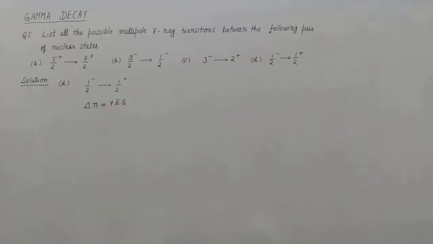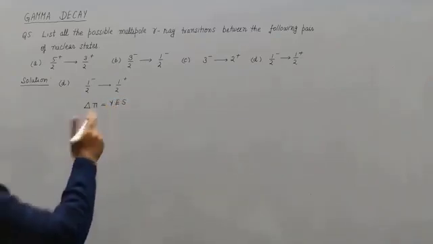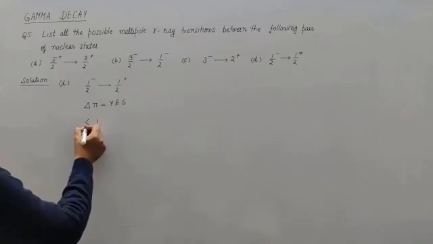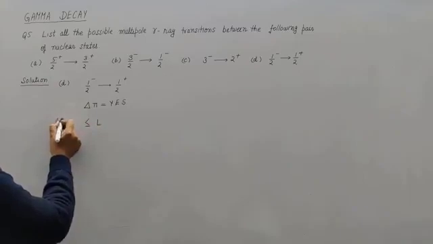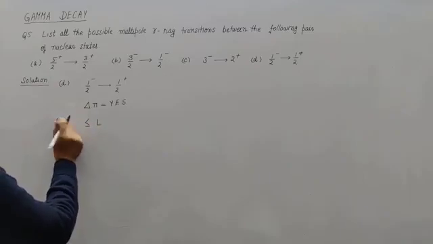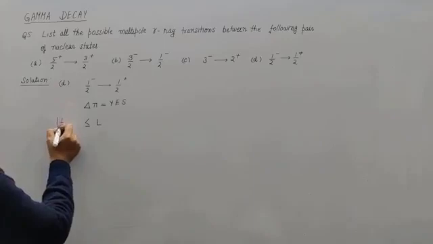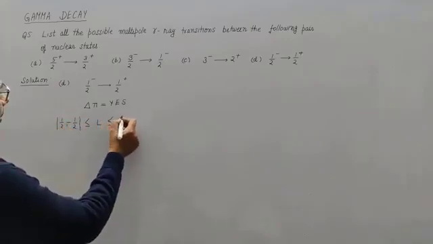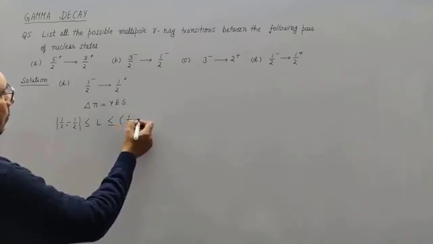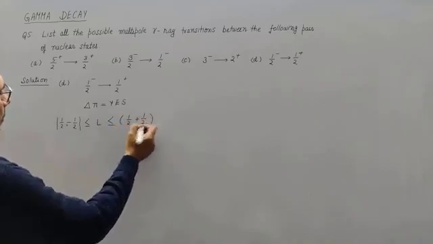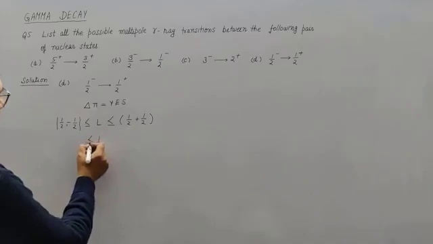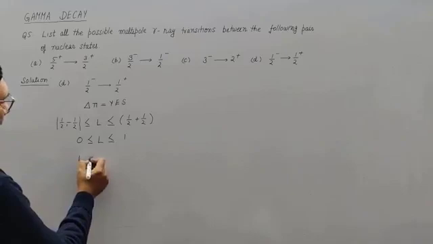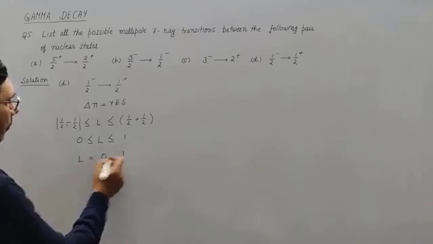So what can be the values of L here? L values will be here: 1/2 minus 1/2, and here 1/2 plus 1/2. So L will lie in this limit. This is 0 and this is 1. So L can have these two values, 0 and 1.